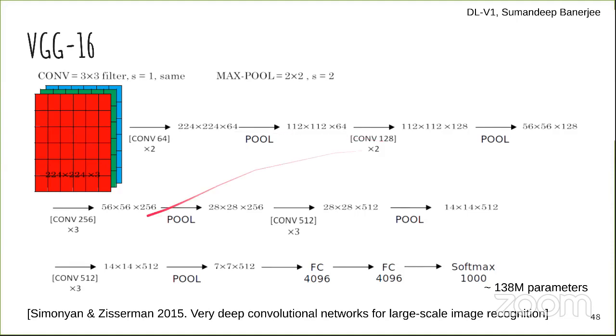And this set of 3 consecutive 3 by 3 convolutions is effectively a 7 by 7 convolution. But they kept the building blocks the same. They just used the building blocks as many times as possible.